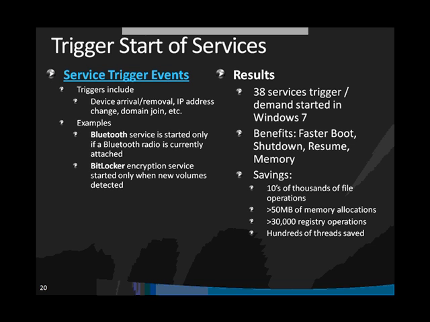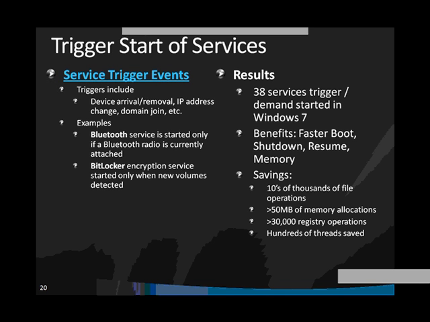So imagine how much memory these services were consuming before, when the startup type was automatic. They all used to take a long time to start up while the user is waiting to get to his desktop. Now all these services get started only when an event is triggered.